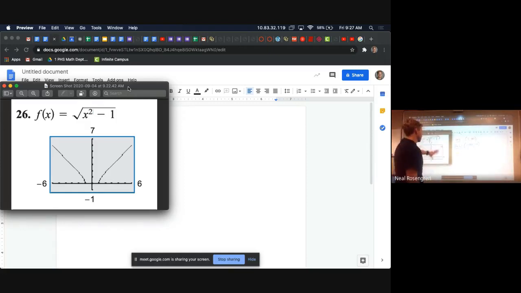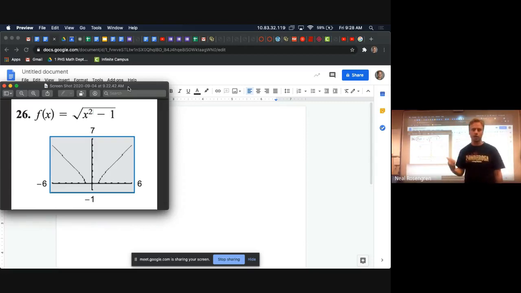Now, if you don't see me writing on here because you're looking at my presenting screen, just pin this video instead. Drop in 0, 0 squared, 0. 0 minus 1, -1. Can we take the square root of something negative and get a y value back that we can plot? So there's actually a gap between -1 and 1 where this graph doesn't exist.